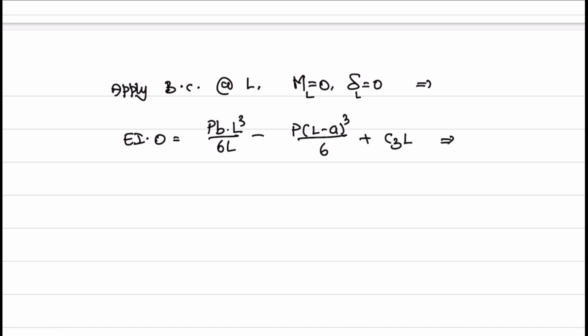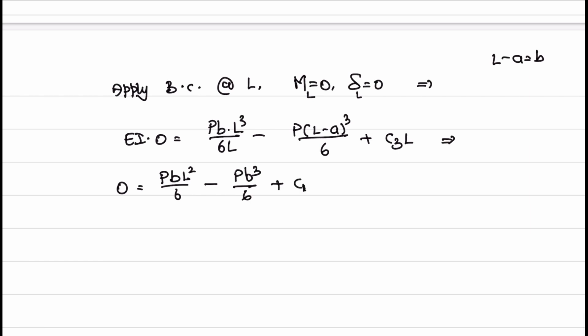This implies 0 is equal to PBL square by 6 plus L minus A is equal to B, which we have seen earlier. This will be minus, this will not be plus, this will be minus PB cube by 6 plus C3L is equal to 0.